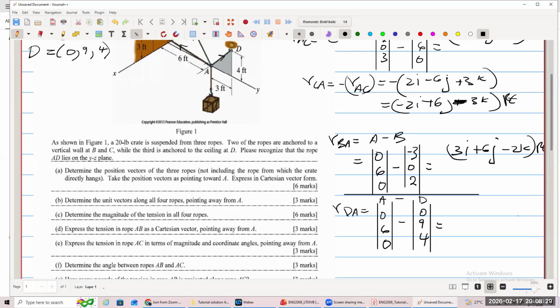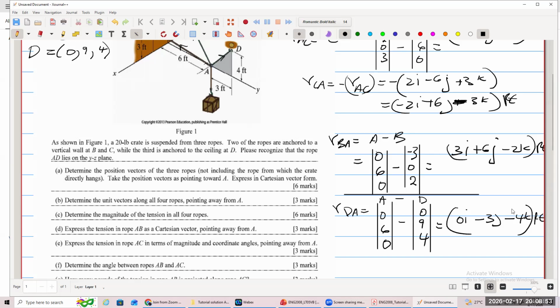So that typically gives you 0i minus 3j minus 4k. Is that what you got? Everybody got that? All right.